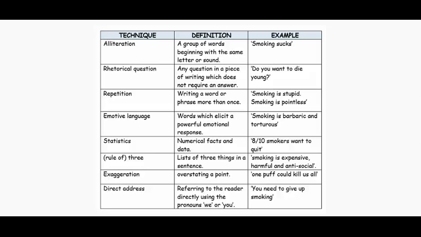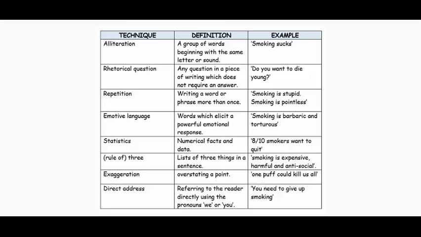Repetition is where we say a word or a phrase more than once in a piece of writing to just drum the message home. Emotive language is very powerful words which elicit a powerful emotional response. Smoking is barbaric and torturous. The words barbaric and torturous are much more emotive, much more powerful than just saying smoking is bad.